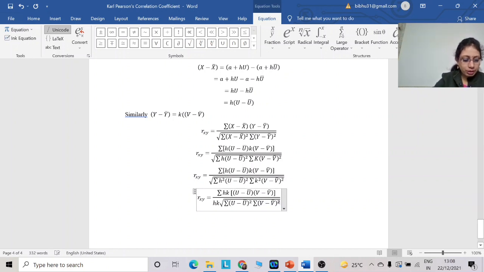Now what will happen now? This hk will get cancelled. Okay, hk. So what will remain? Summation of u minus u bar into v minus v bar divided by root of summation of u minus u bar square, summation of v minus v bar square.